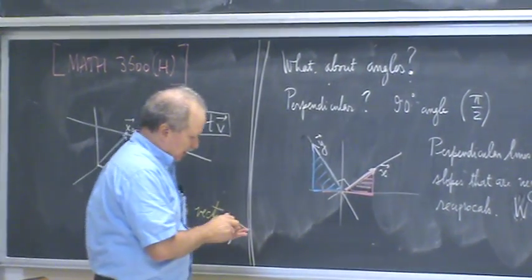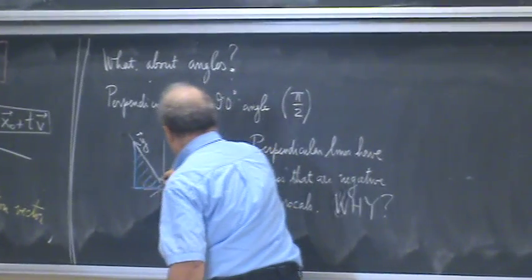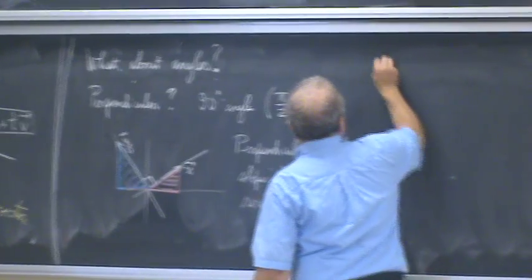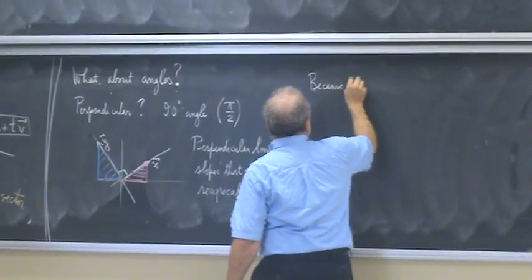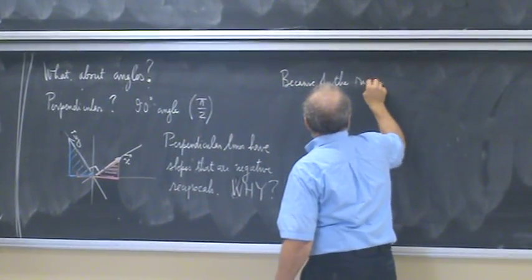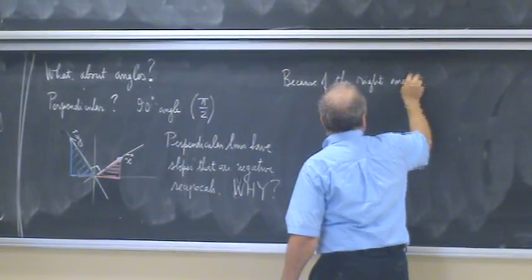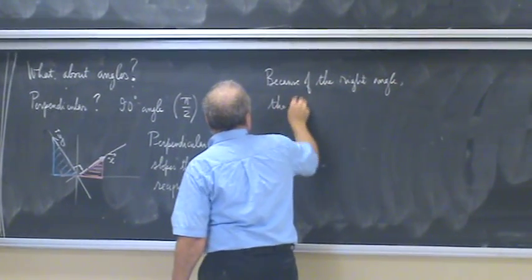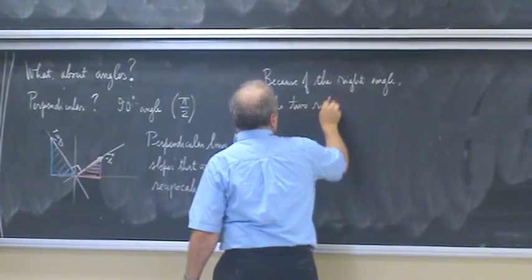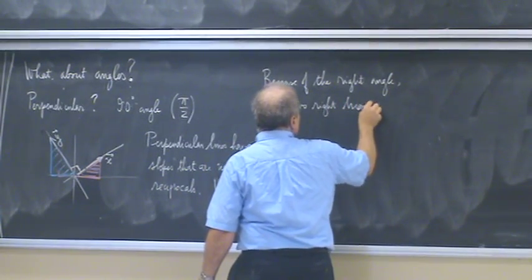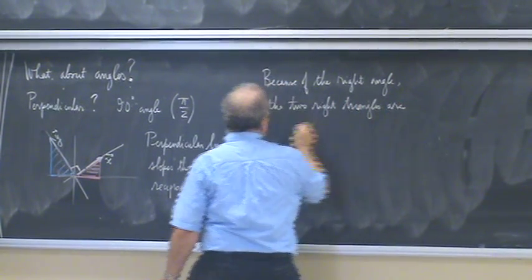What can we say about these triangles? Because this angle is a right angle, the two right triangles are similar. So can we check that?